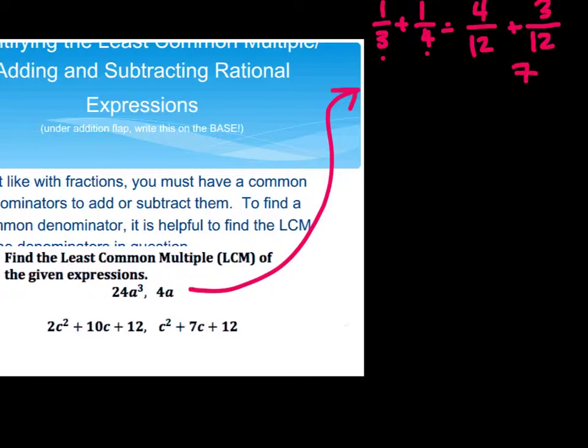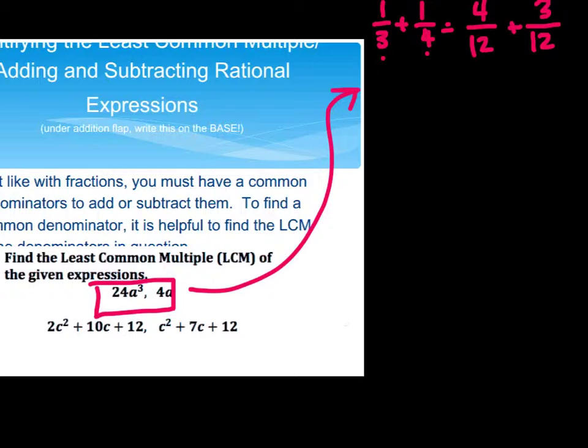Our final answer would be 7/12. We're doing the same sort of thing with the least common multiple: finding the smallest multiple of both of these numbers, so that we can solve rational expressions by finding the least common denominator, or least common multiple.